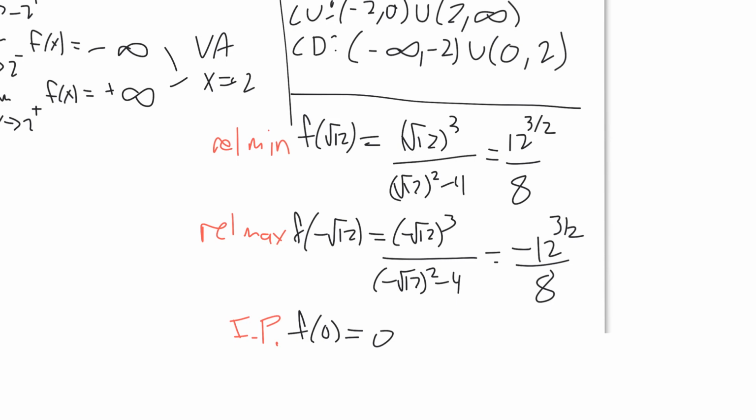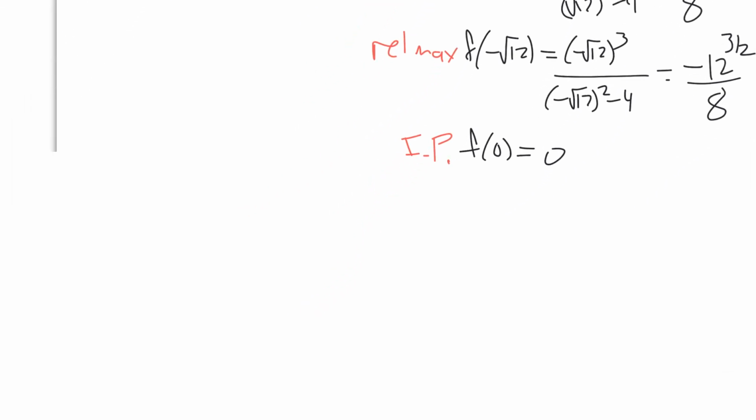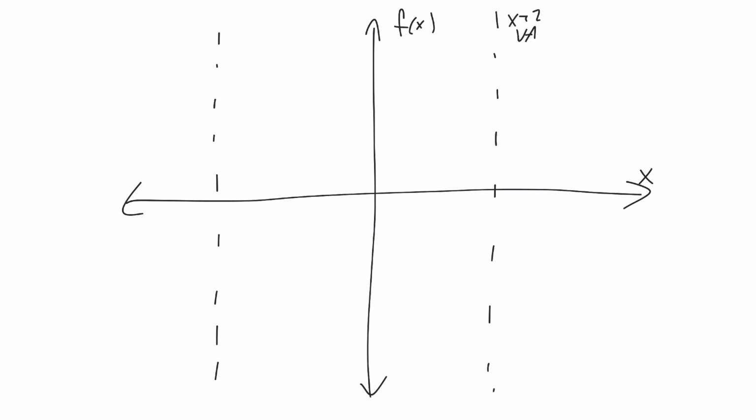So let's take all this information and do our best to draw the graph. So we've got x and f(x). We're going to have asymptotes at 2 and -2. Let's do this as x equal to 2, vertical asymptote, and x equal to -2.